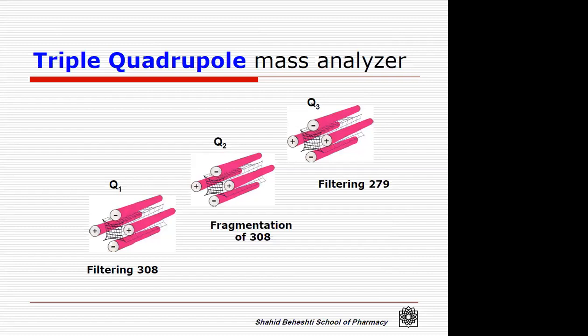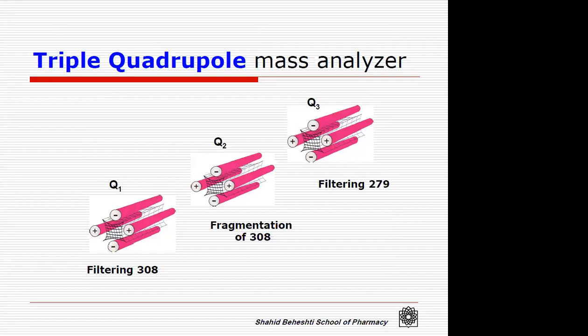What I'm trying to say is that if we have different molecules with different molecular weights, for instance, let's say we have molecular weights of 200, 250, 400, 500, and one of the molecules that we have in our mixture has the molecular weight of 308, the compound that we just talked about.